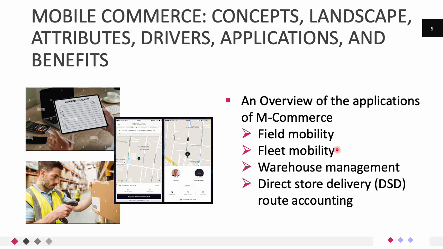Okay. The second one is fleet mobility. So delivery companies, like Lalamove, use GPS and apps to track the drivers in real time to optimize their routes and even monitor the fuel usage. Okay.